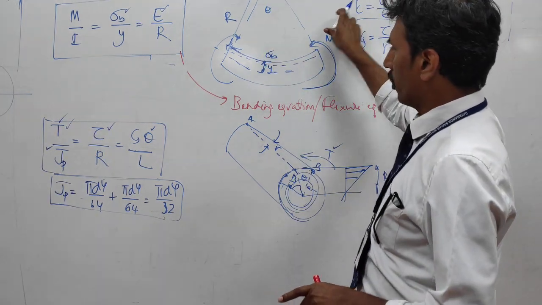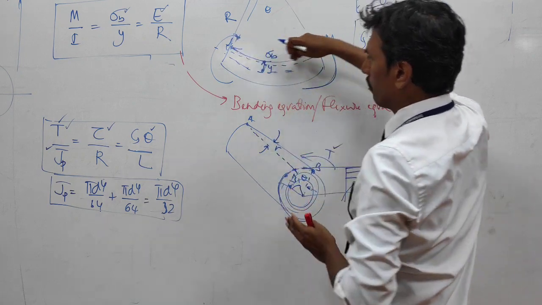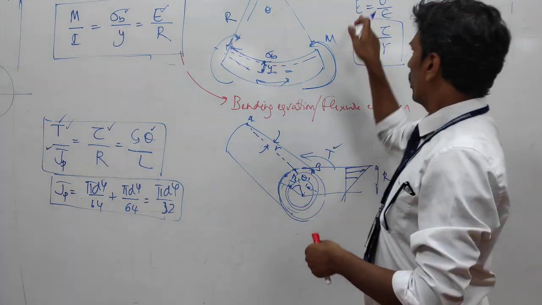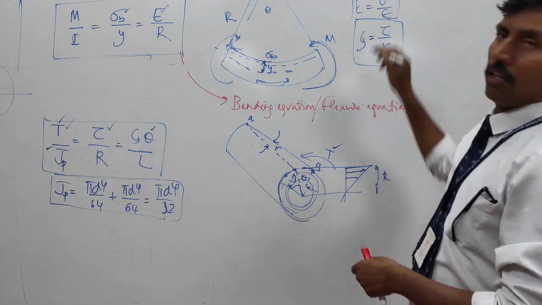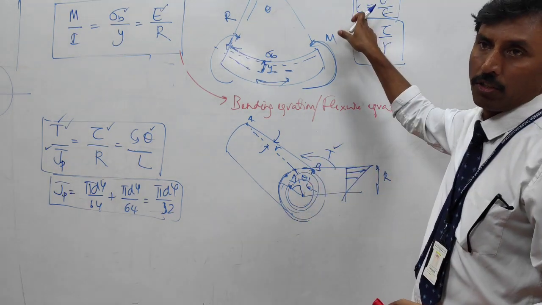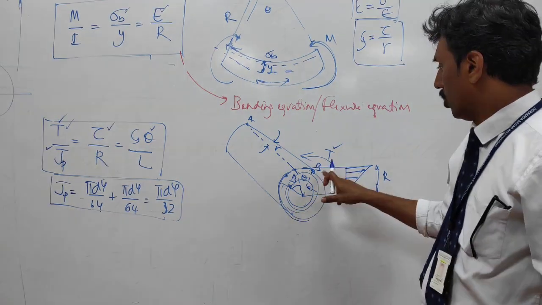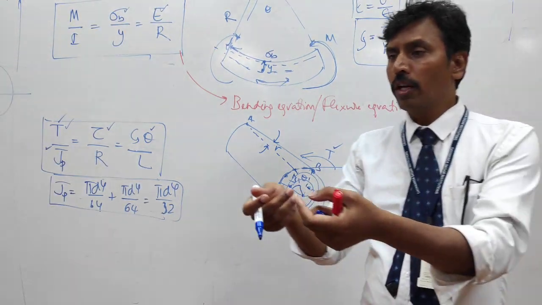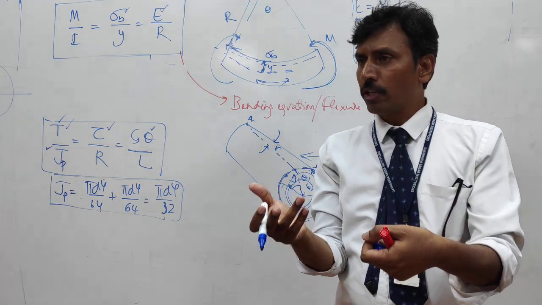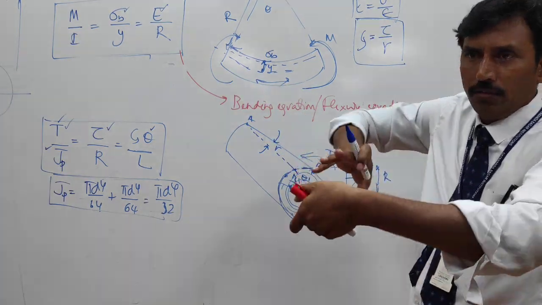Here there is bending stress, so you use this equation because bending stress leads to compression and tension. At the upper fibers there is compression, at the bottom fibers there is tension, so it is almost like bars under tension or compression. You use this Young's modulus equation. Here, since it is getting twisted, the shape is getting changed. Imagine holding an eraser at one end and twisting it, the shape gets changed. Basically, in the shaft, the molecules are getting twisted.